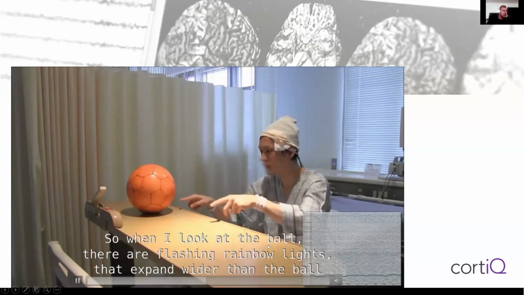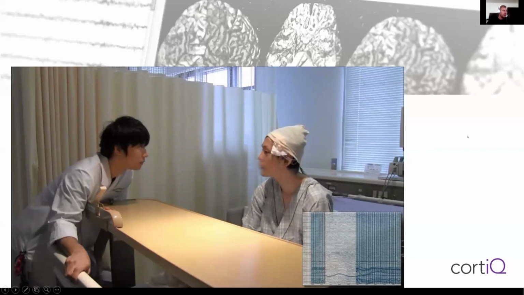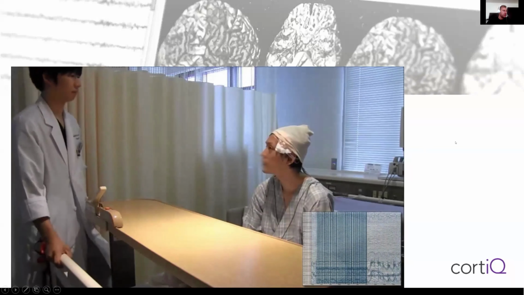So here we have a similar visual illusion, but now the symptom is completely different. So the patient sees flashing rainbow colors on one field of view of the eye.